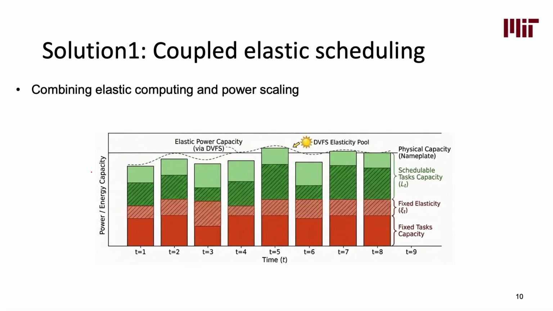In my own research, in collaboration with Deep, another research scientist at MIT, we are coming up with a coupled elastic scheduling of the data center loads. The high-level idea is that some of the loads in the data centers are not flexible. So the best we can do is make forecasts of those loads, the red parts, and reserve capacities for them, very similar to day-ahead energy market calculations by solving optimizations.